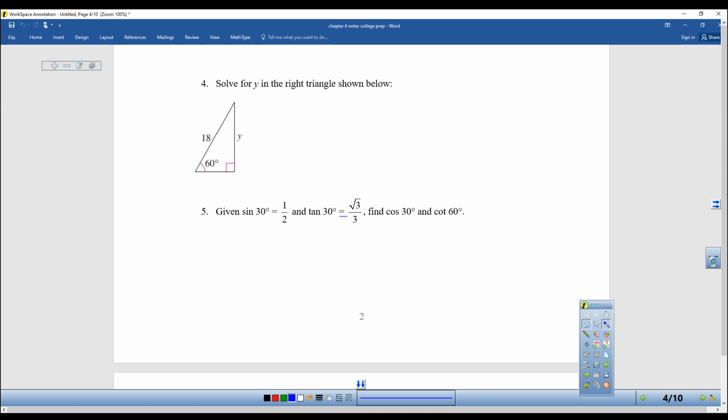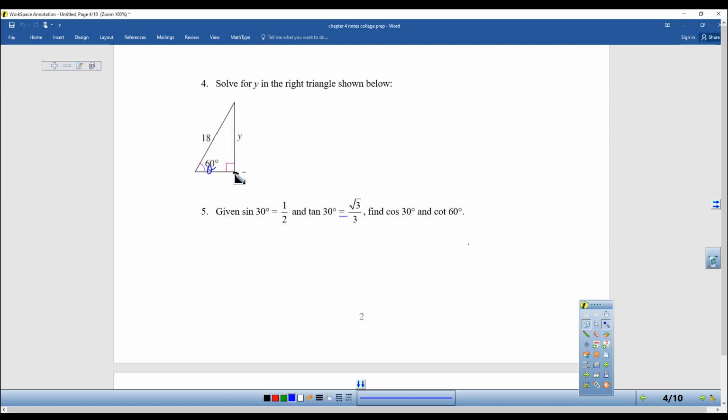Number 4, solve for y in the right triangle below. So I am being given the side opposite my angle, so you can call this theta, and I'm being given the hypotenuse. All right, so this is how it's used in the real world.